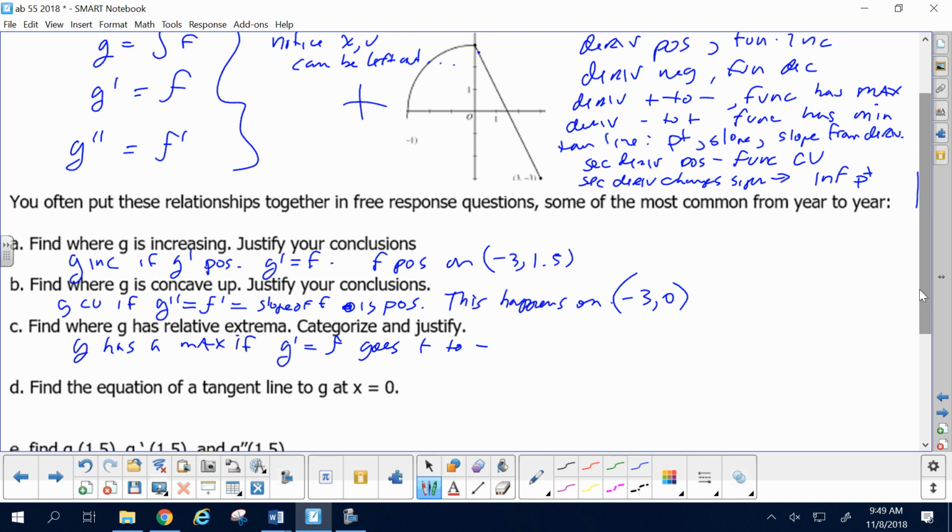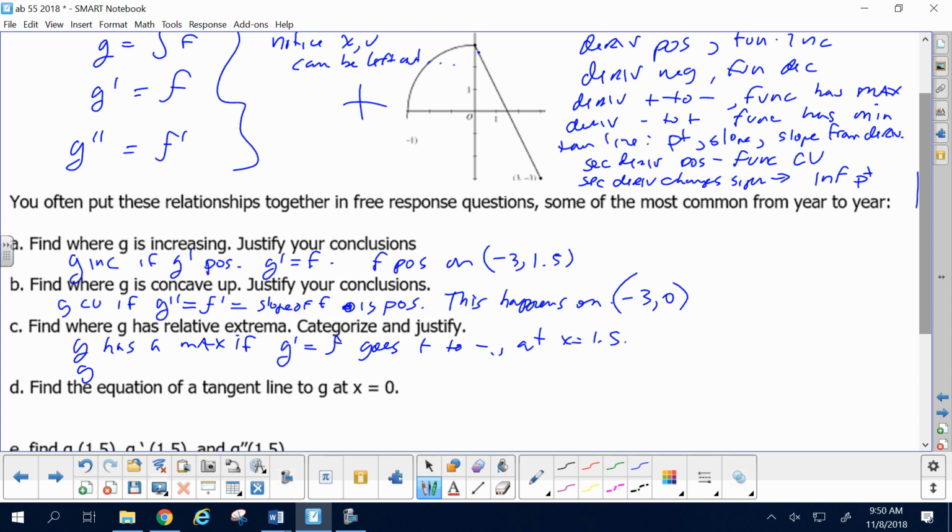And does the F graph ever go positive to negative? Now you're talking about the F values, or the graph itself, going positive to negative. So does that happen? Yeah, right there. This happens at x equals 1.5. Okay?